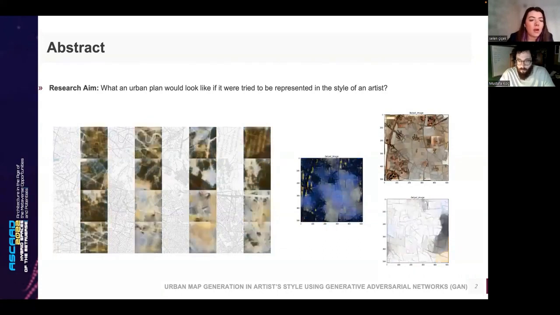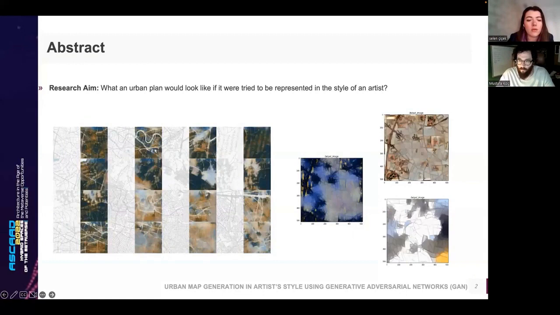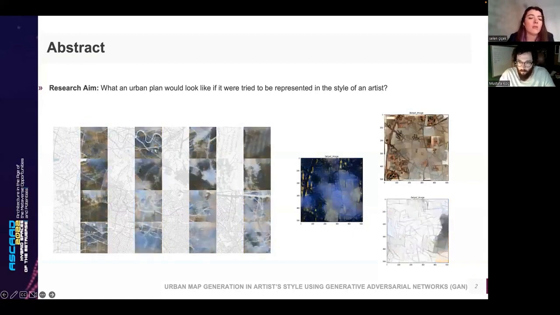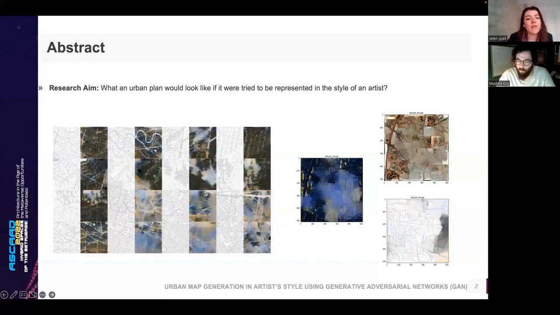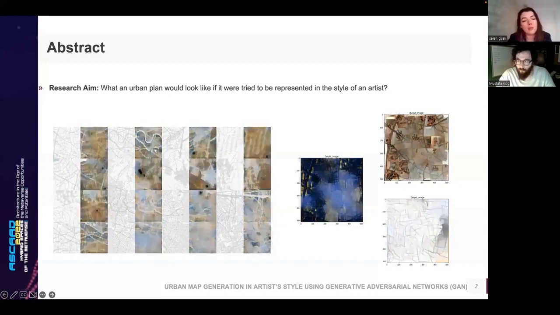Artists produce artworks in many corners of the cities they live in or they visit. However, many of them have not found a chance to express the plan of that city with their own style. One aspect of this work within the scope of the machine learning exploration is to show what a city plan would look like if it were tried to be represented in the style of an artist, which can be further used in creative visual environments as a database, for example, a level design for the game industries, or as an NFT art collection.